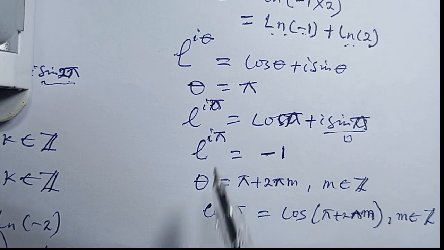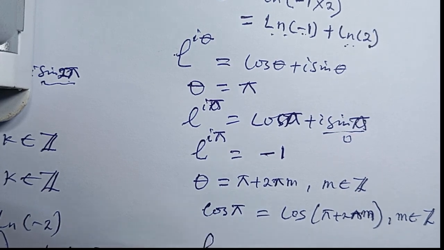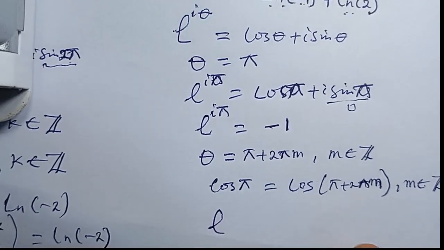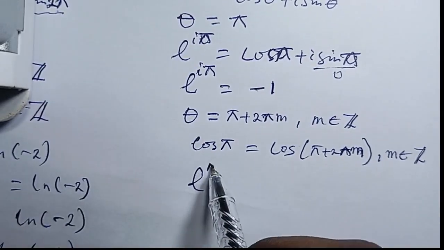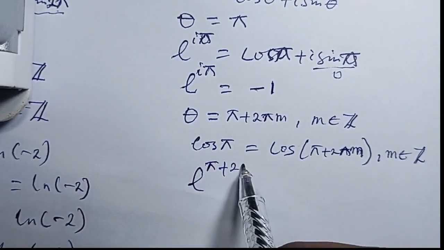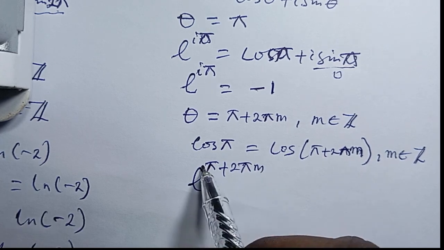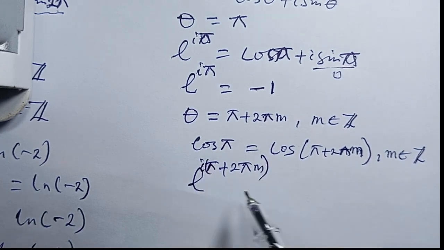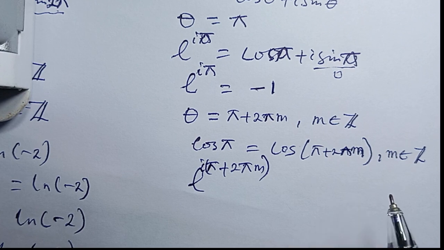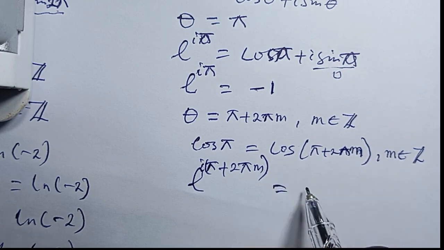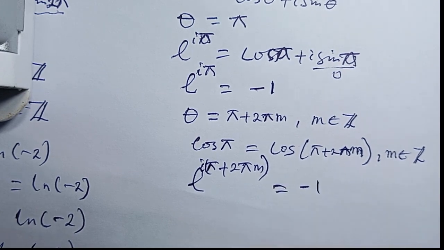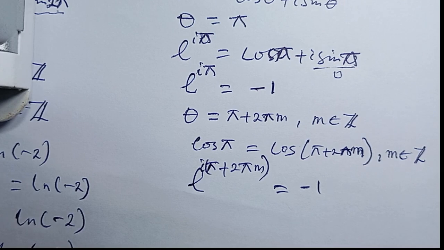So in general we replace this negative 1 with e to the i times pi plus 2 pi m, and this is equal to negative 1.